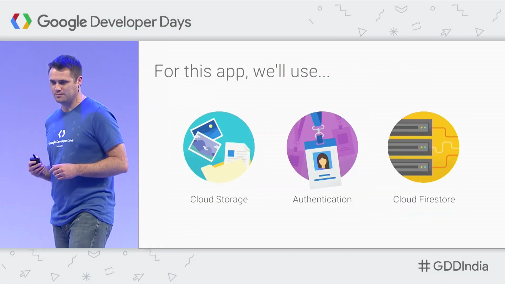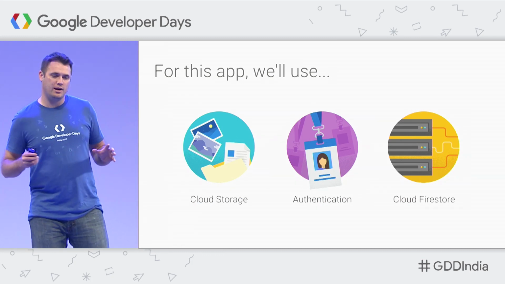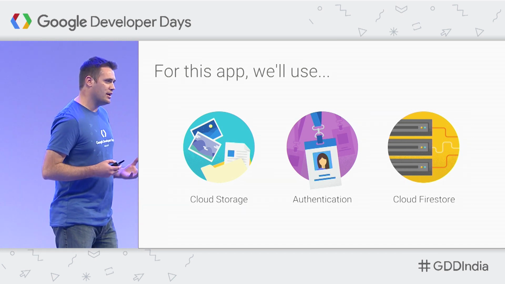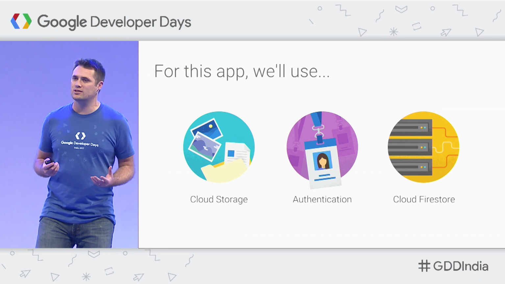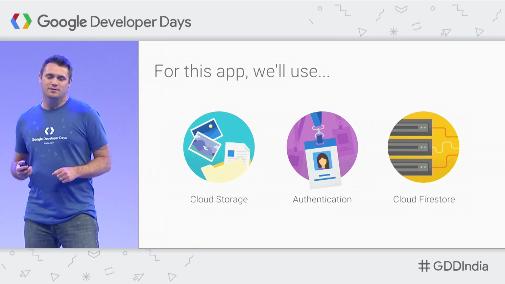So a core tenet of Firebase is that you can pick and choose the pieces that you need. So I'm not going to explain all those orange circles. I'm going to pick the 3 that we're going to need to build this app. The first one is a highly scalable object storage that lets you upload exabytes of user-generated content.